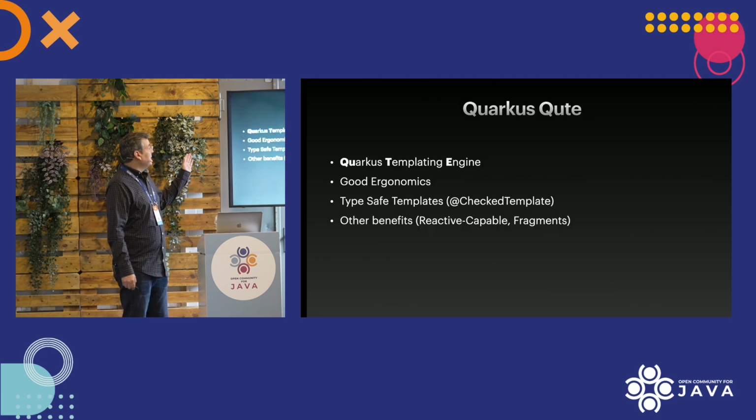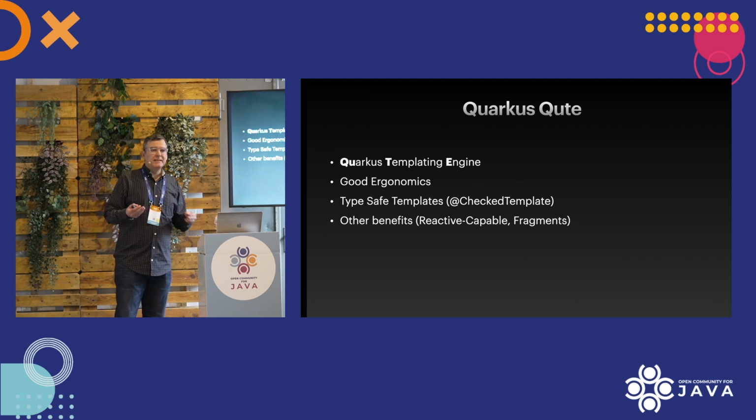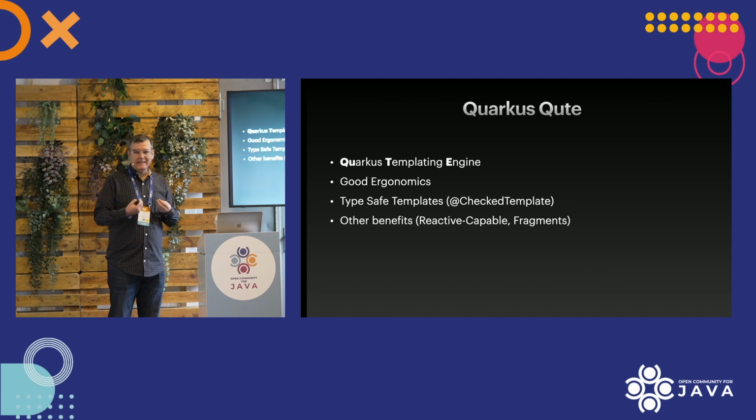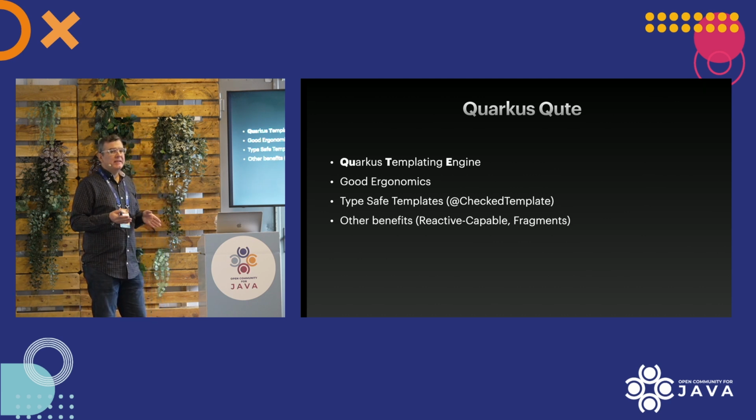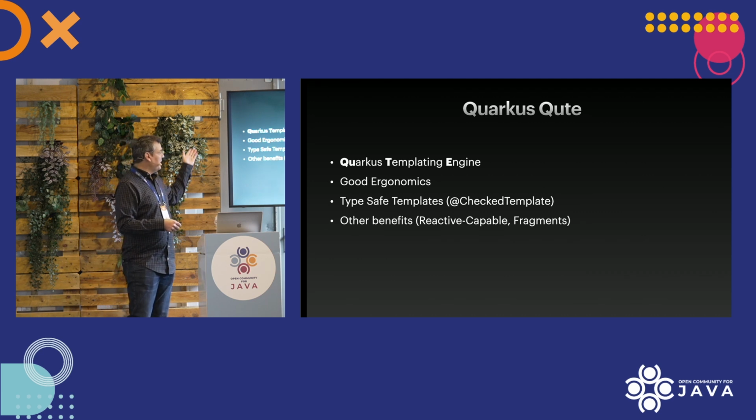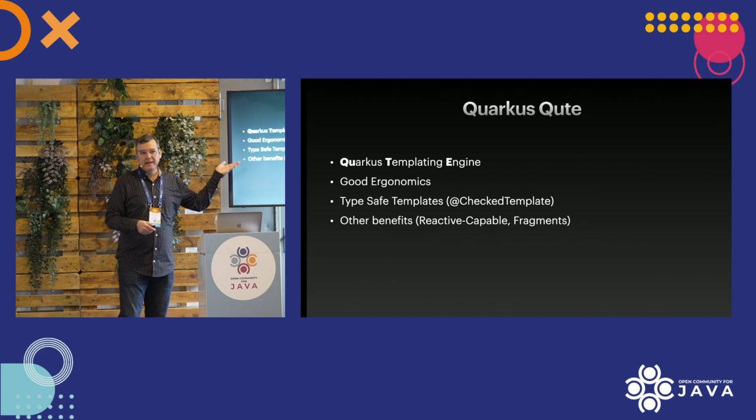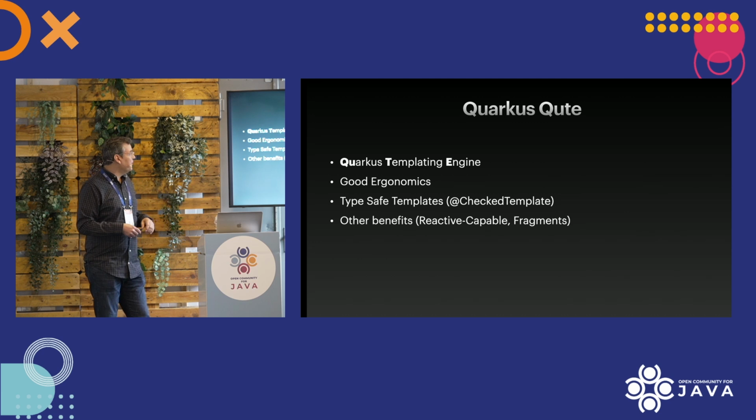All right, so what's Quarkus Qute? Since HTMX requires the server to send it HTML instead of JSON, it is a good idea to use a templating engine in the backend to produce that HTML instead of hard coding it. So this is Quarkus' templating engine proposal. It's got good ergonomics. It's got safe templates, type-safe templates.